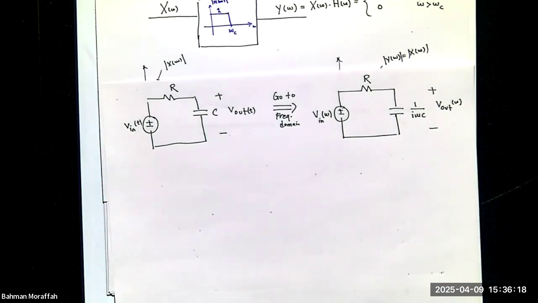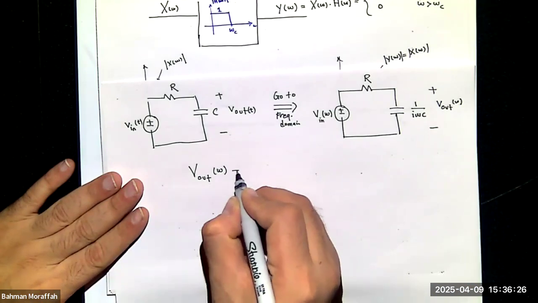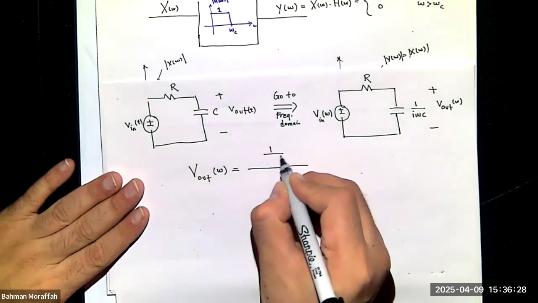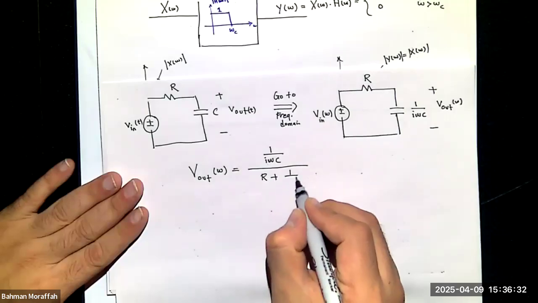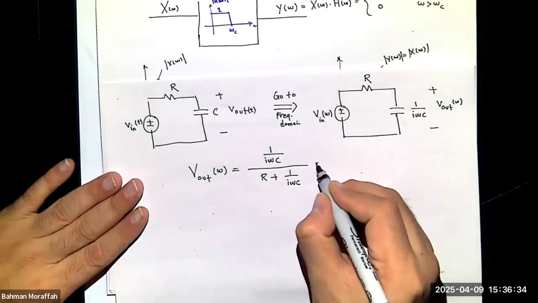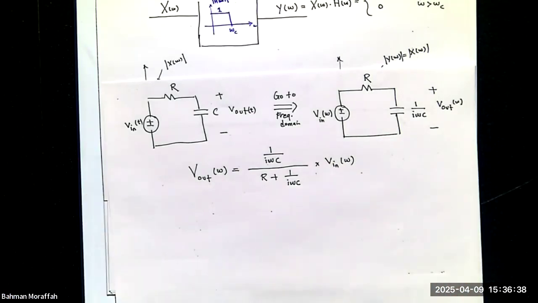Yes or no? Yeah, it's a voltage divider. So V out as a function of omega is 1 over i omega C divided by R plus 1 over i omega C, times V input as a function of omega.